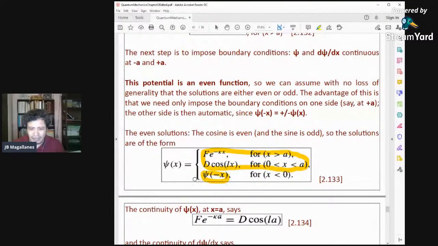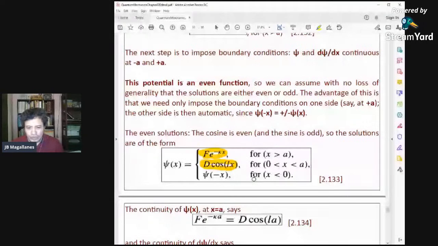You have to write this as negative phi of x. You have to get the sum of this term, which is sine, and then this one would be that, and it's not good to work with. It's so messy to work with sine. So let's just do this with cosine, since this is even and we have an even potential function.